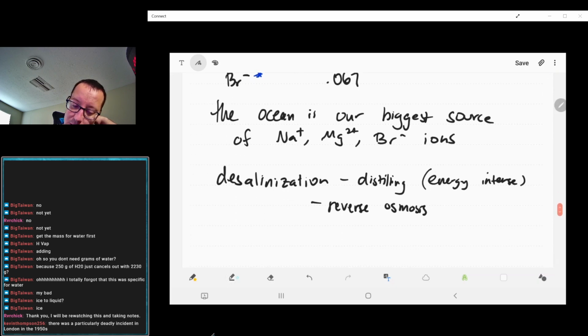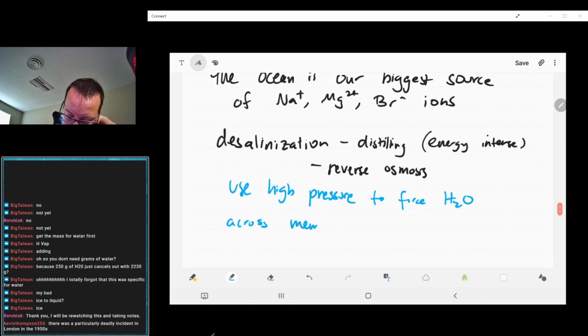With reverse osmosis, we use high pressure to force water across membranes, leaving salts behind.